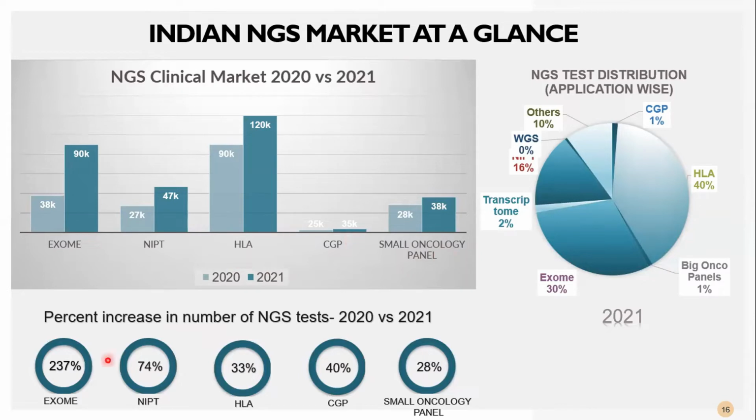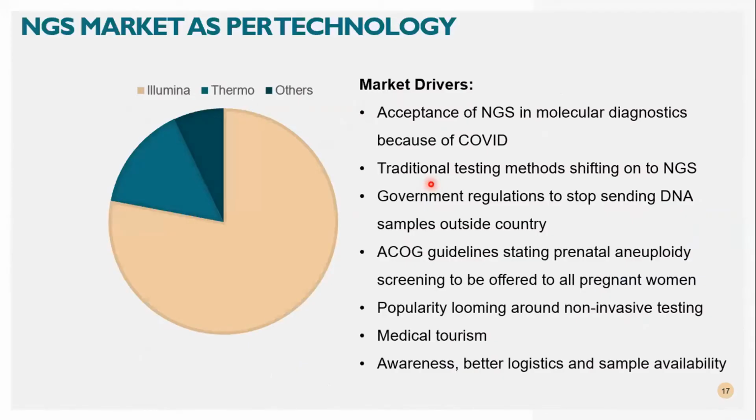Exome is the one which grew really fast, like 230% in a year, and so did other applications. Of course, this is not a complete picture of the entire sequencing market, but these are popular applications extensively utilized in the Indian clinical market, and this is how the market is growing. And what are the different technologies being utilized to cater to these sample inputs?